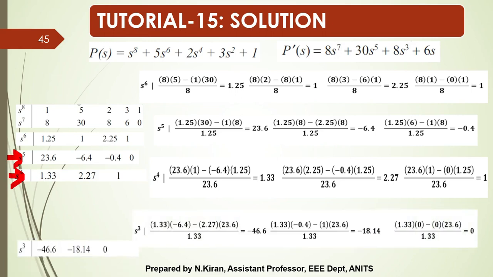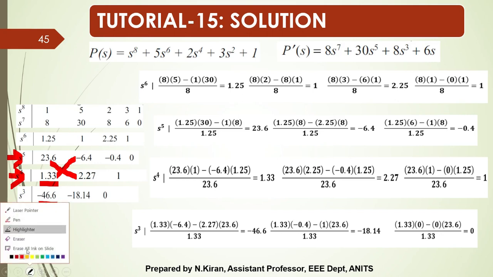So using the formula, 1.33 into minus 6.4 minus 2.27 into 23.6 divided by 1.33 will give me the first element of the row S cube, which is minus 46.6.